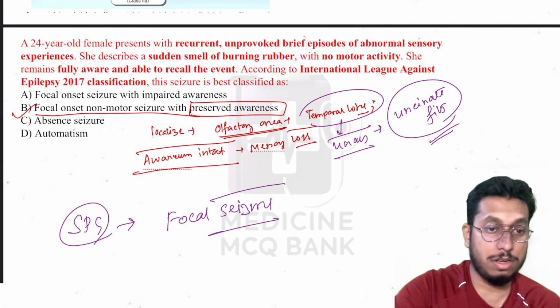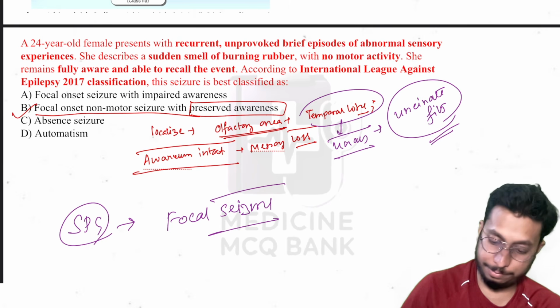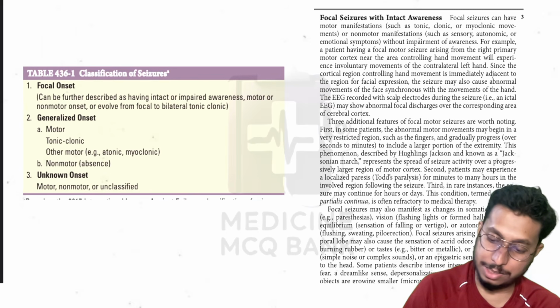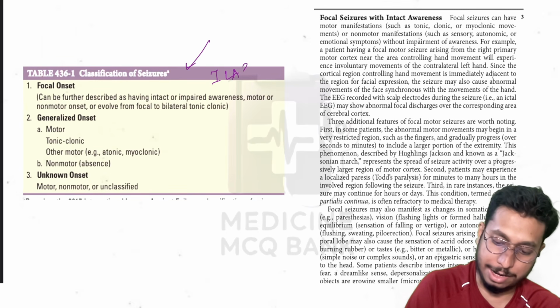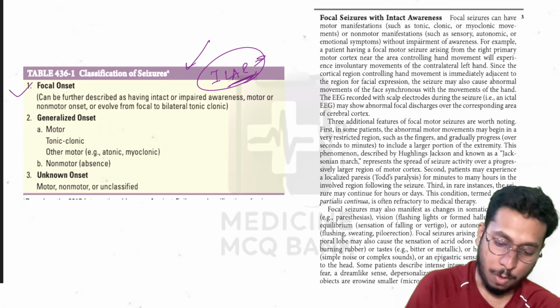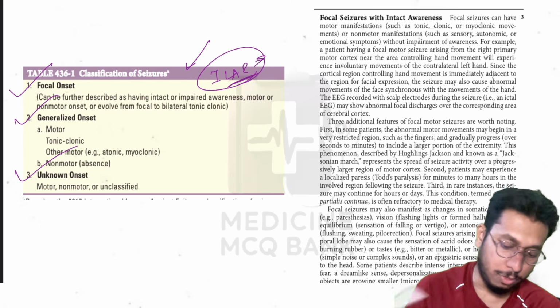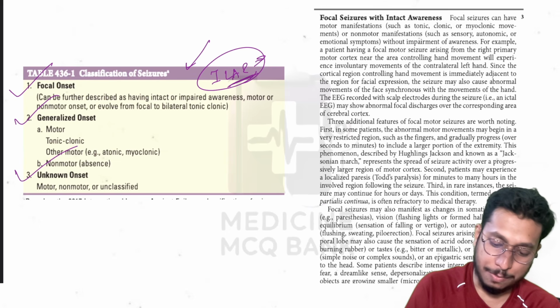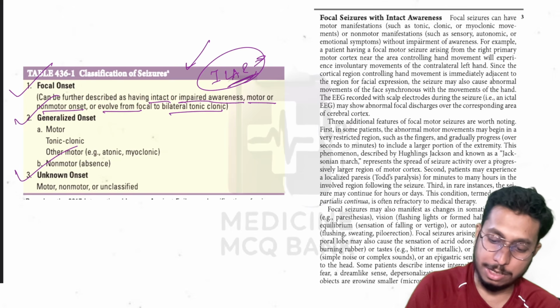Now you can see here the current classification of seizures according to the International League Against Epilepsy: we classify into focal onset, generalized onset, and unknown onset. Focal onset can be further described as having intact or impaired awareness, motor or non-motor, and evolution from focal to bilateral tonic-clonic seizure can be there.